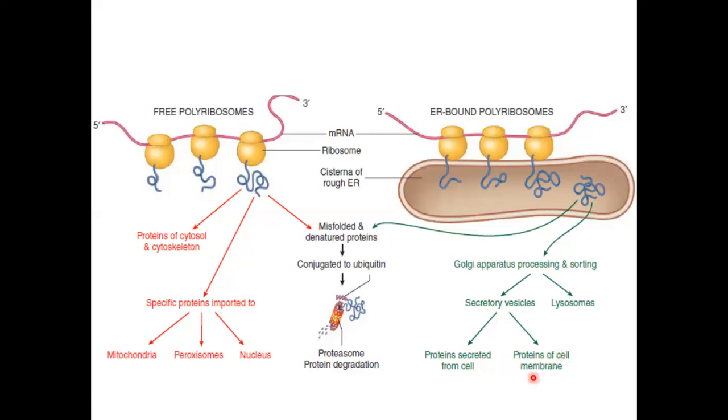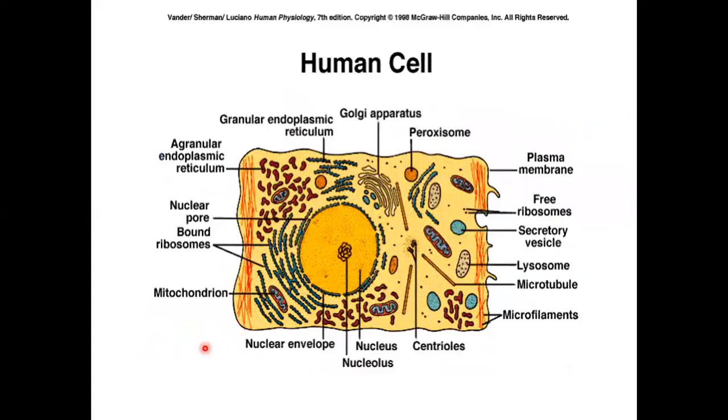Some of them will remain and replace some damaged proteins within the cell membrane. So in short, proteins produced by ribosomes on rough endoplasmic reticulum are for external use. Proteins produced by ribosomes that are free are for internal use, summarized as such.